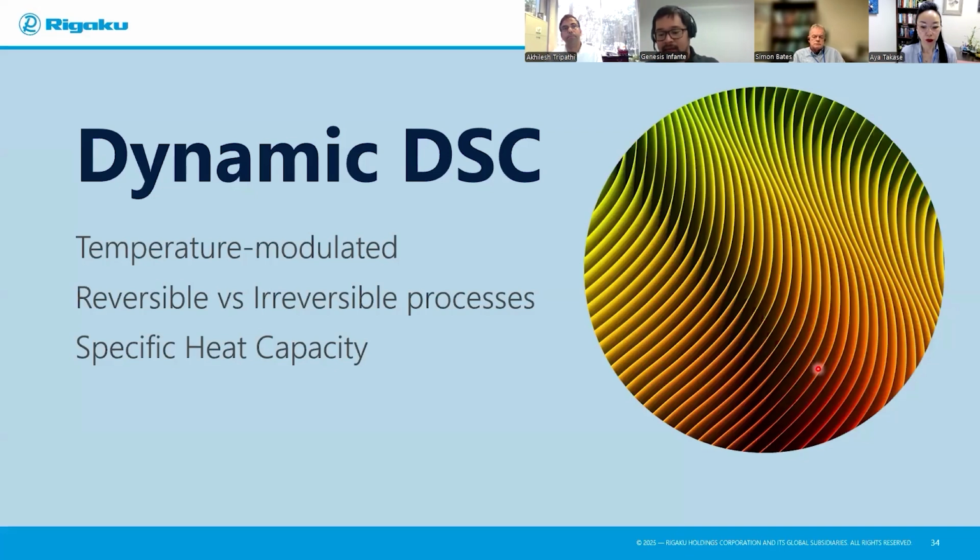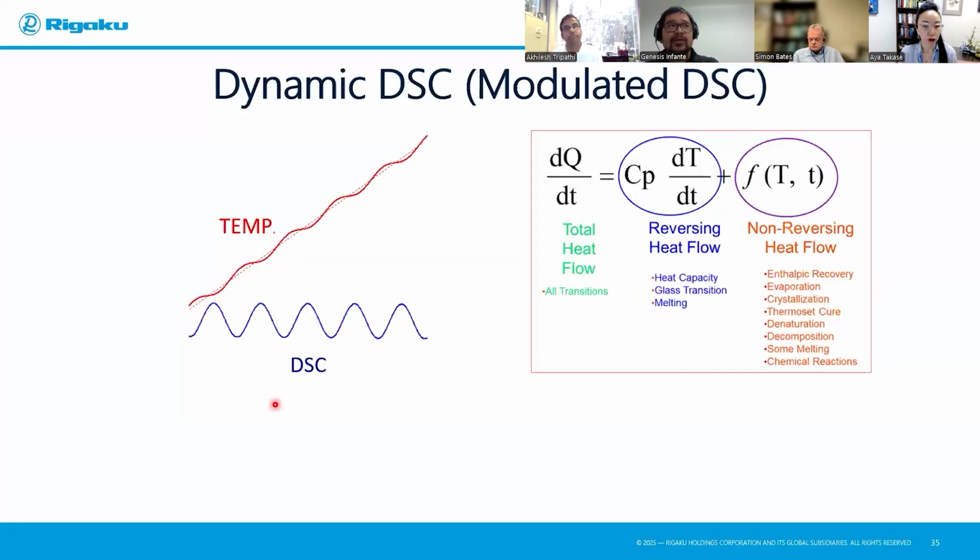And at the end of this webinar, I'll be covering dynamic DSC, often called temperature modulated, basically covering reversible and irreversible processes, and of course, specific heat capacity. So for all those that don't know, dynamic DSC or modulated DSC is effectively a modified DSC where the temperature increase is not linear.